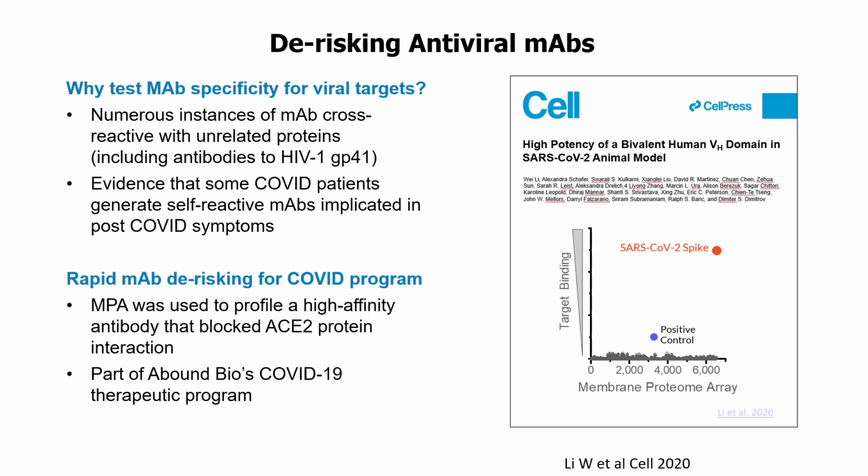So the membrane protein array was used to profile our, as I already mentioned, high affinity antibody domain that can block the ACE2 interaction. And this is part of Abound Bio's COVID-19 therapeutic program.